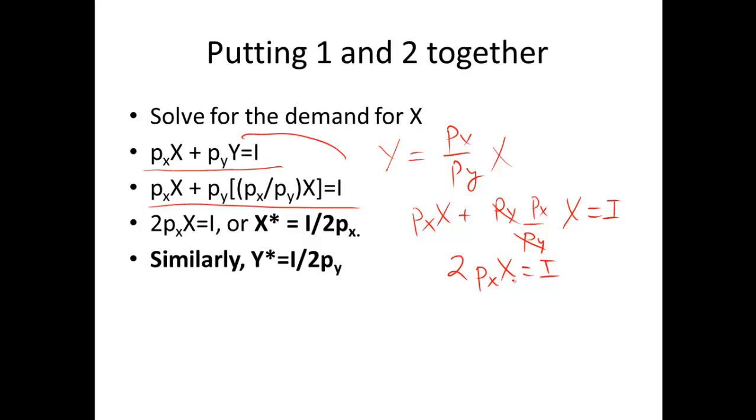We're trying to solve for x, so we can just divide both sides by 2px. We have x equals I over 2px. And since that's the answer, we'll call it x star, and indeed that's what we have right here. One can similarly find, I'll let you do it, but it's the same process, that y star equals I over 2py.